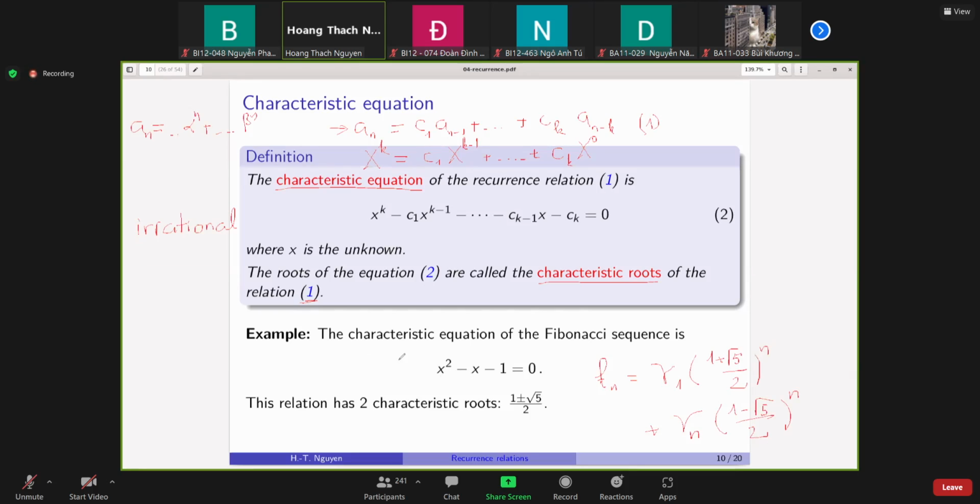For the Fibonacci sequence, the characteristic equation is x squared - x - 1 = 0. You can find quickly that this equation has two distinct characteristic roots, which are these numbers. So you look for gamma 1 and, sorry, gamma 2.